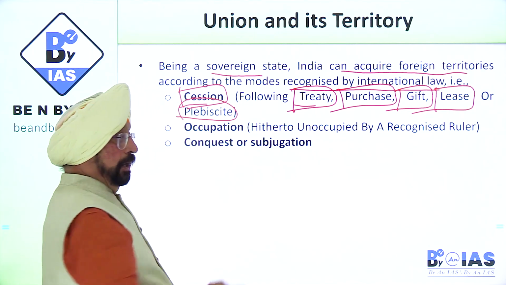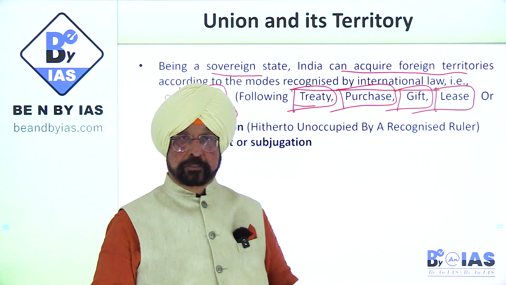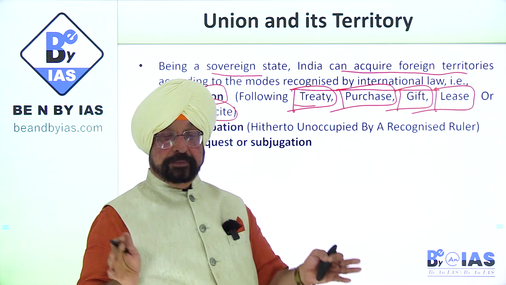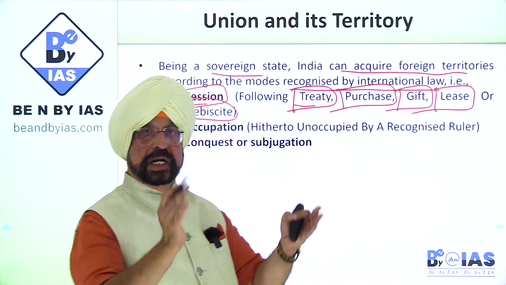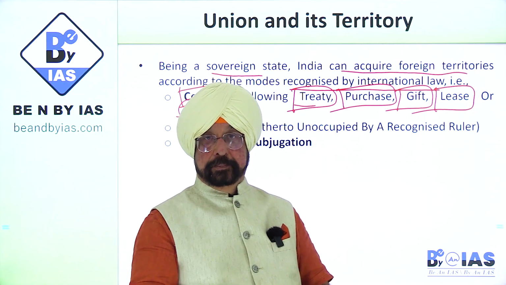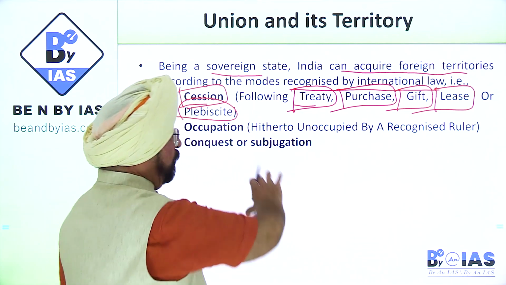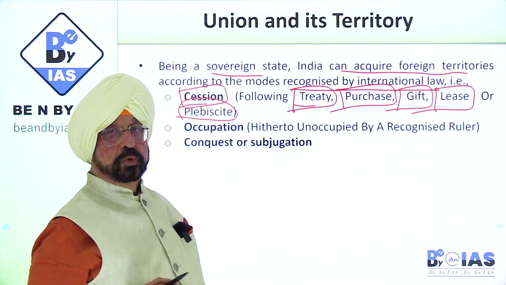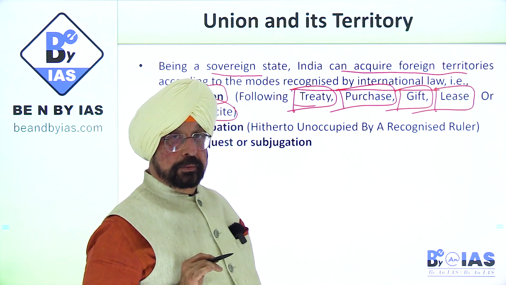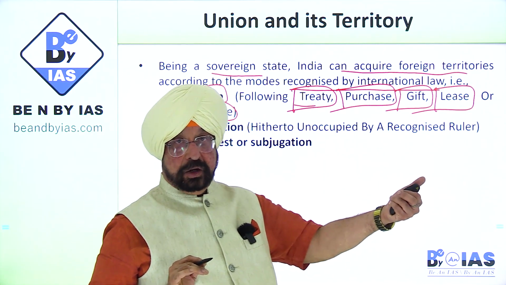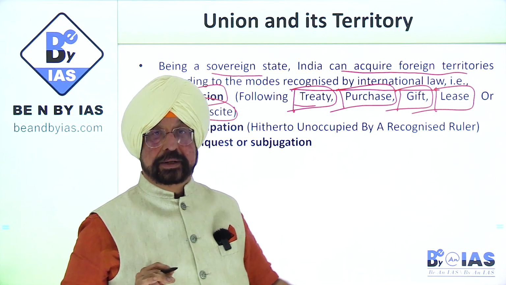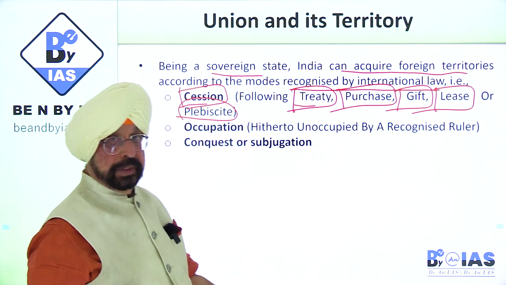Plebiscite means by way of general voting, option given to the people who are living in that territory. If they choose, they can go to another nation. So these are some of the recognized modes where the cession is allowed by international law or recognized by international law.